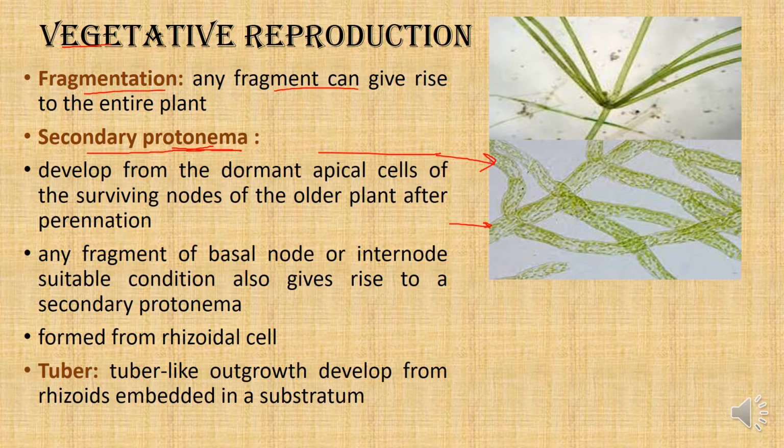The protonema looks tube-like and much branched. This is also a very important process because in tropical countries like India and in South and Southeast Asia, during the summer months both Chara and Nitella disappear, and after the rain or during the rainy season this type of secondary protonema is observed.